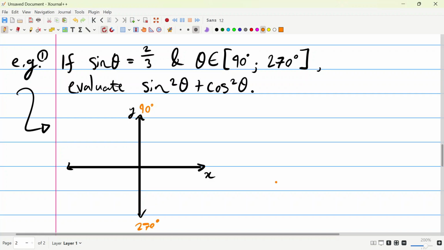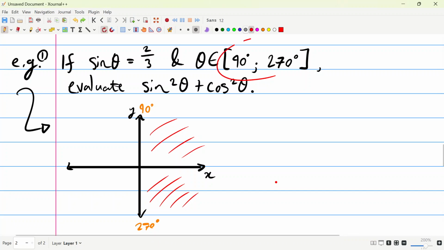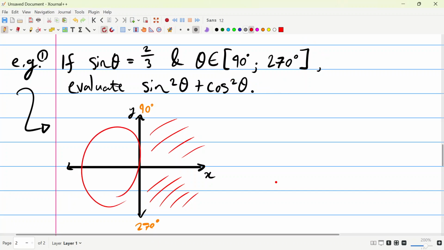Meaning we need to eliminate this quadrant and this quadrant, because notice that this is from 0 to 90 degrees, and here it's from 270 degrees to 360, which is not in our interval. We're only working between 90 degrees and 270 degrees, and anti-clockwise as our positive orientation. Remember that. Meaning, we need to insert a radius either over here or over here.